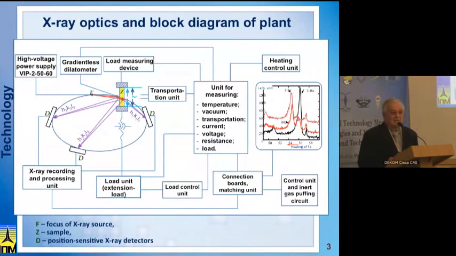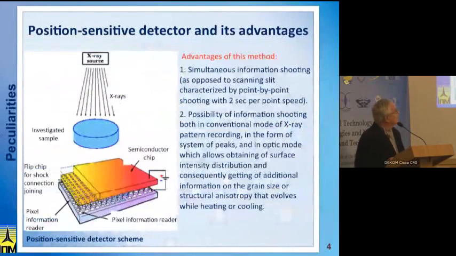So the difference within a positionally sensitive detector is that the time of exposure and the scanning time with high speed is when one X-ray is made, but in this case they are almost equal.